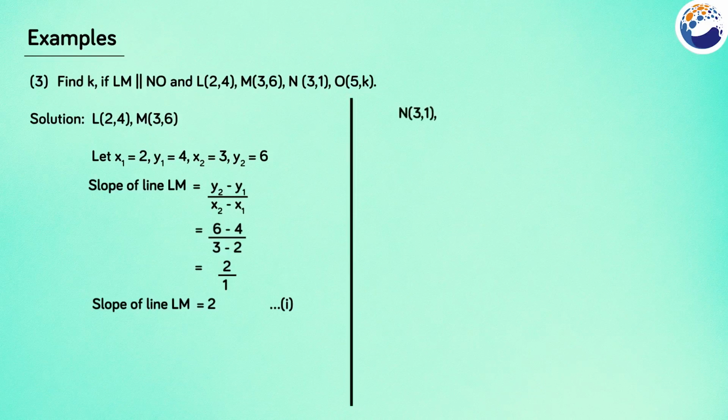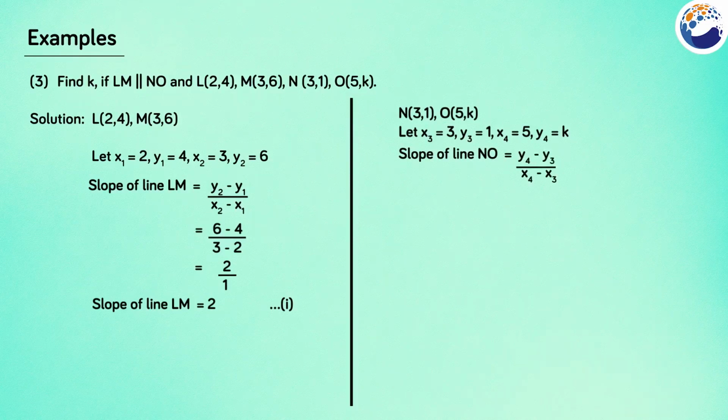Now consider N(3, 1) and O(5, k). Let x3 be equal to 3, y3 be equal to 1, x4 is equal to 5 and y4 be equal to k. Slope of line NO is equal to (y4 minus y3) upon (x4 minus x3), which is equal to (k minus 1) upon (5 minus 3), that is equal to (k minus 1) upon 2. Take this as the second equation.